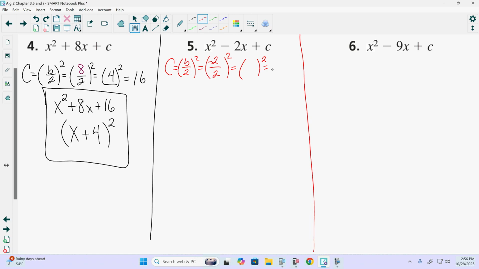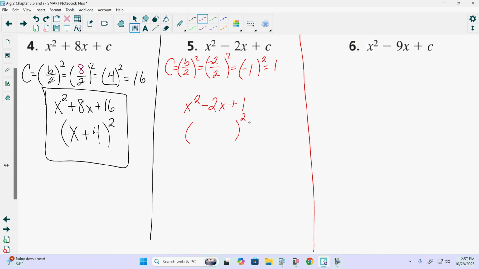But it is nice having that number so that when we factor, we see what it is. Because negative 2 divided by 2 is negative 1. Negative 1 squared is positive 1. Telling us that the perfect squared trinomial for this here is x squared minus 2x plus 1, yes?